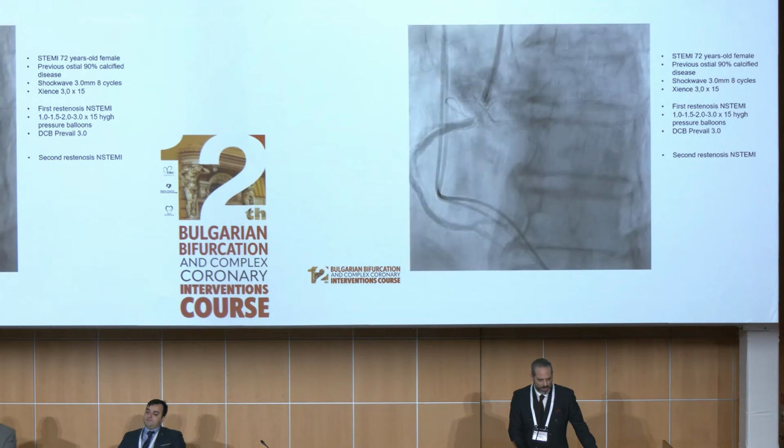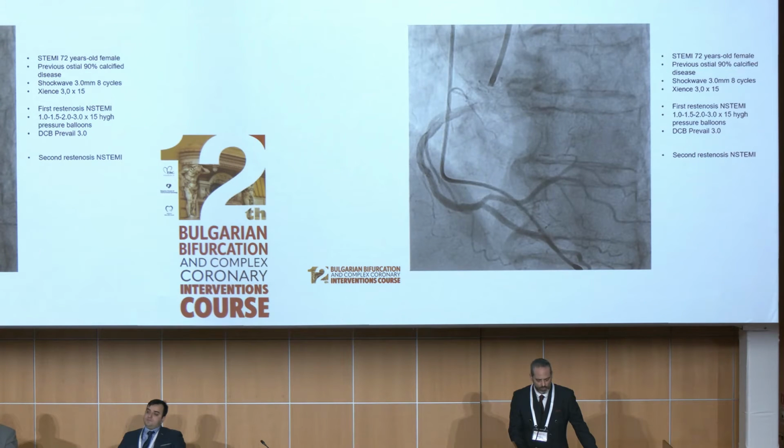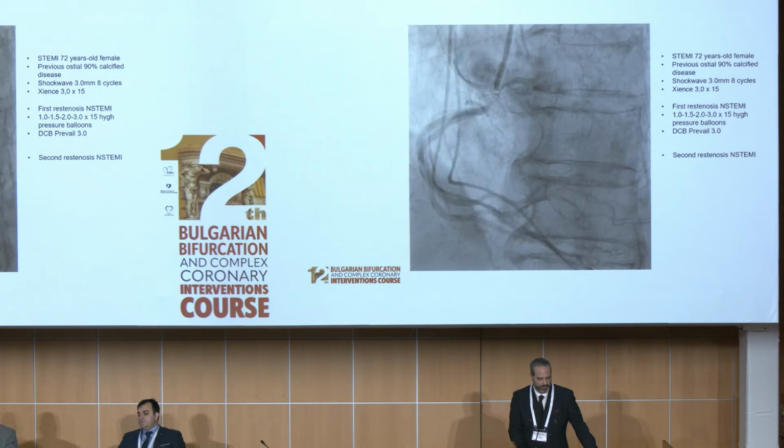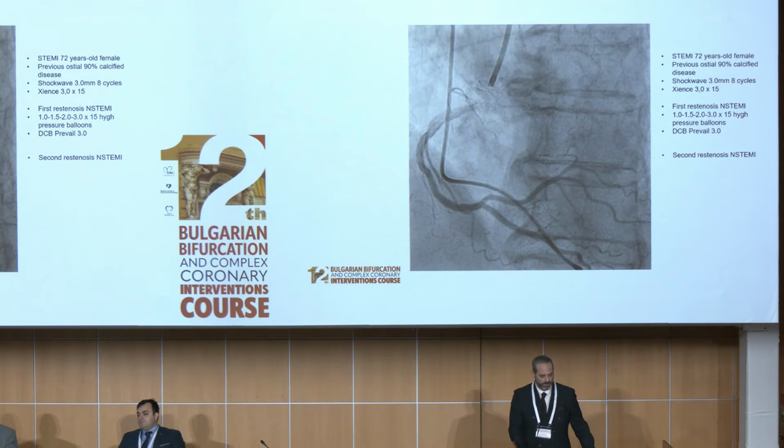And no imaging at that time, so DCB, Prevail balloon 3.0. This is the second STEMI restenosis presentation, and we were at the same point as the start of the story of this patient.